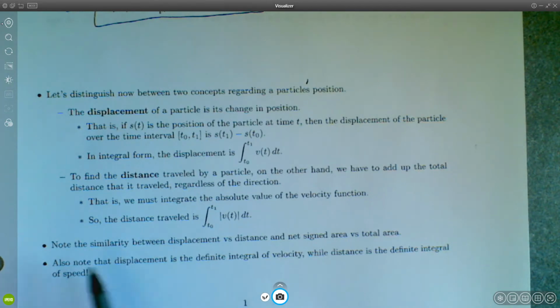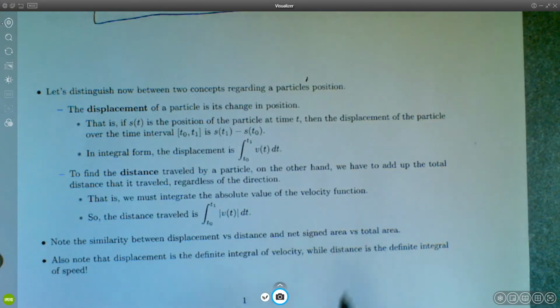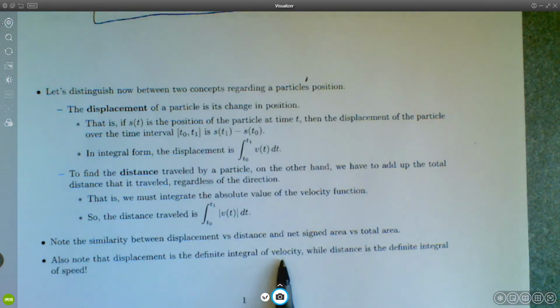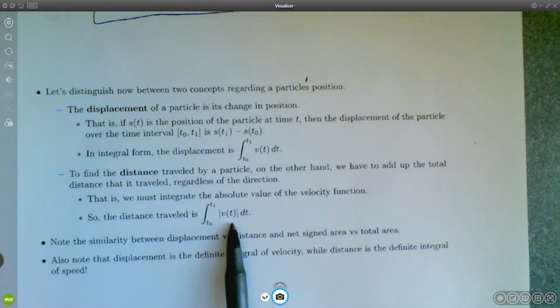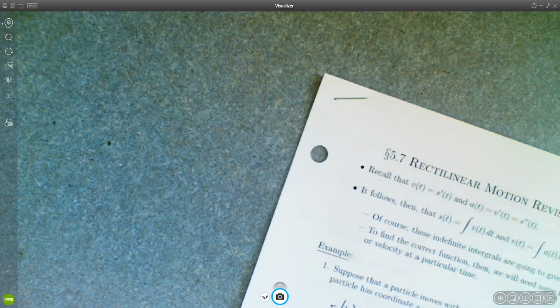So note the similarity between displacement versus distance and net signed area versus total area. It's really the same concept. And then also note that displacement is the definite integral of the velocity, while the distance is the definite integral of the speed. Remember, the absolute value of velocity is speed. So that's also kind of interesting. Let's practice with this.